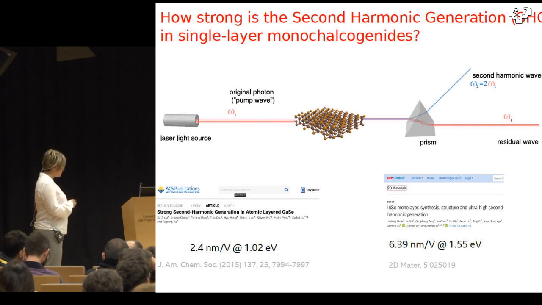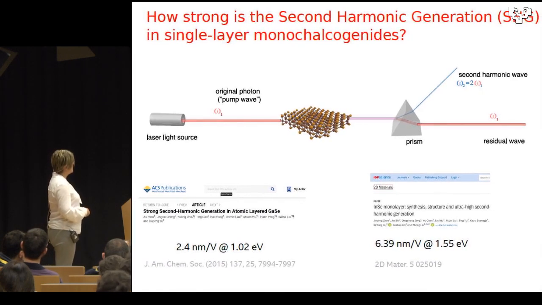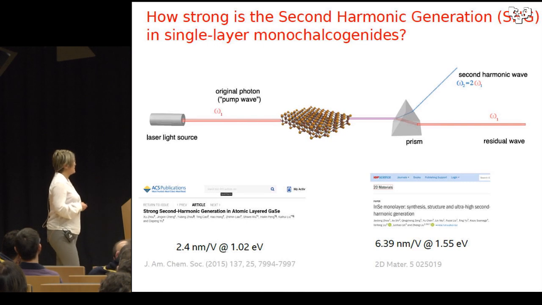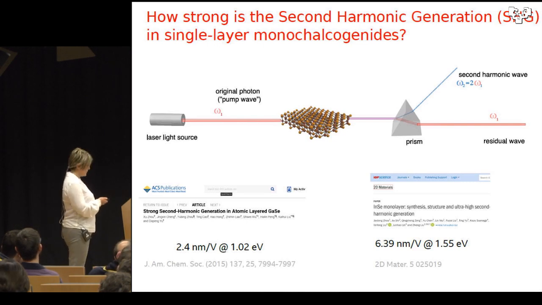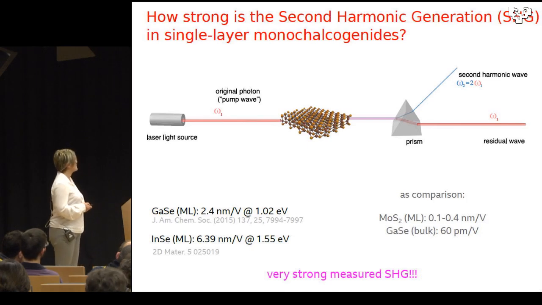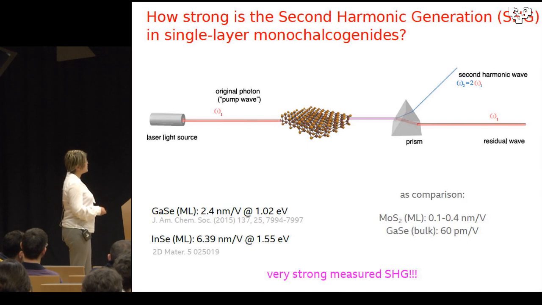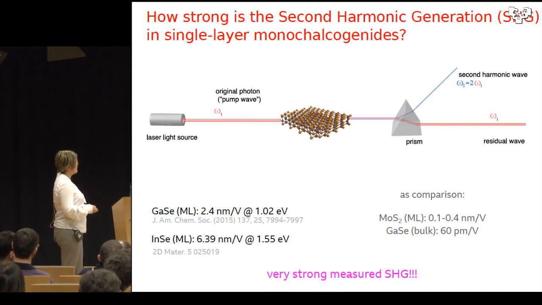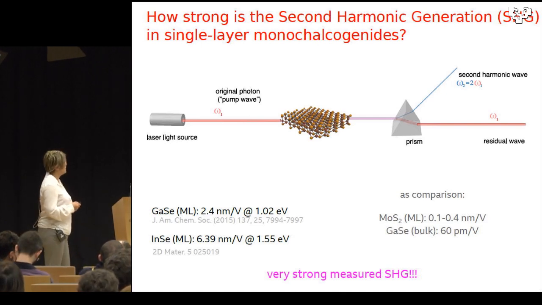There were a couple of experimental papers that measured the second harmonic intensity at some given frequency. And just to put this in context, as a comparison, I'm giving here the coefficient for the bulk, so for gallium selenide bulk. So you see that there is an order of magnitude with respect to what is measured in the bulk.